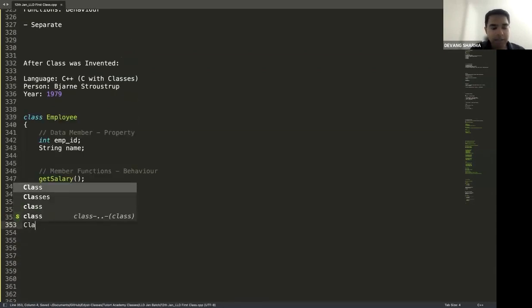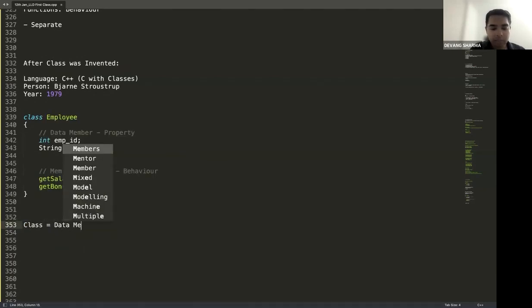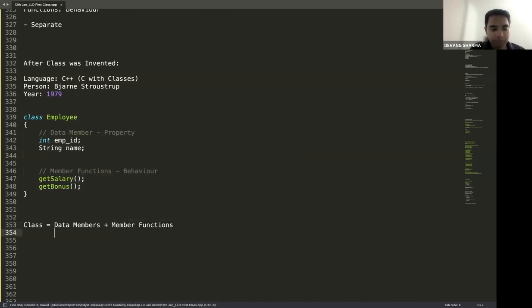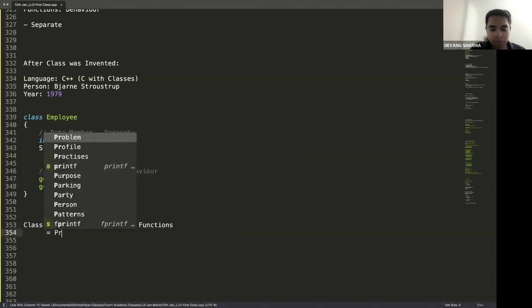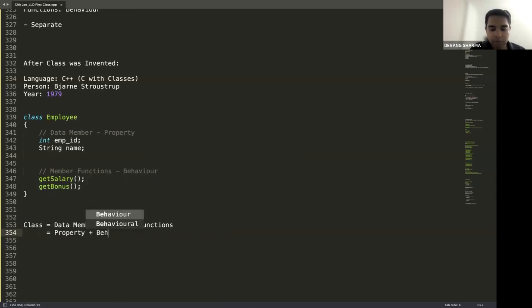So what is a class technically? A class is a combination of data members plus member functions. This is property plus behavior.